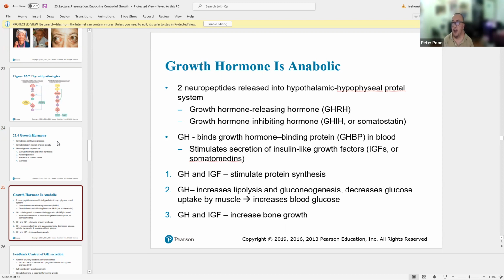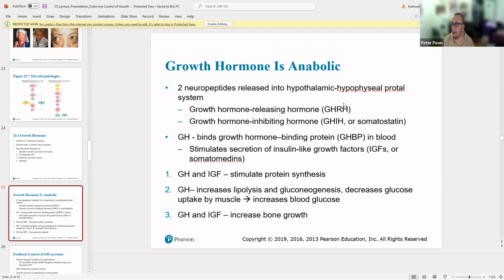All right. So growth hormone is an anabolic process. You have two neuropeptides that are released into the hypothalamo-hypophyseal portal system. They misspelled portal here. Hypophyseal is another word for anterior pituitary.